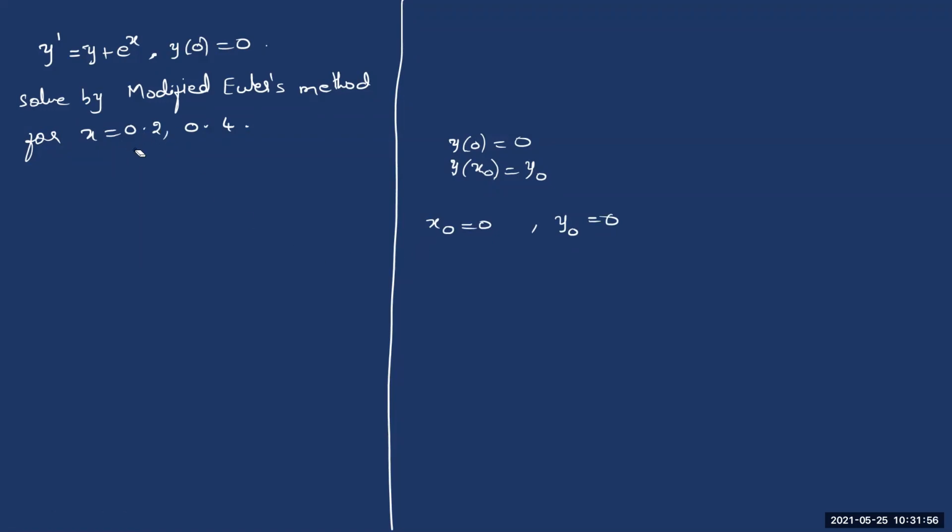And see what the other values are where you are asked to find the solution. One is at 0.2 and the other is at 0.4. Look at the distance between these two values. If they are the same, you can fix that equal distance as h. By chance, if this is 0.3 here, you cannot take equal distance as 0.1, but the minimal distance you will consider as h.